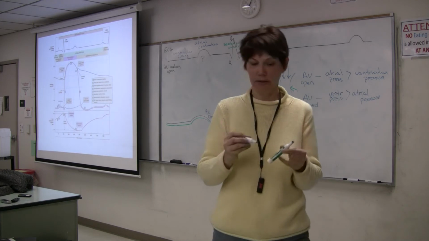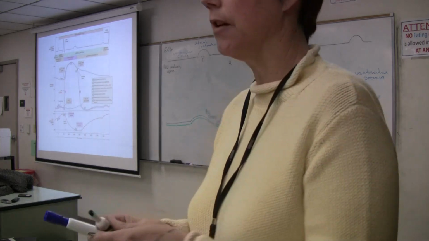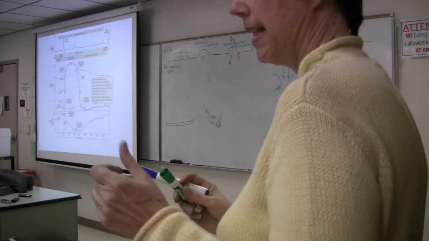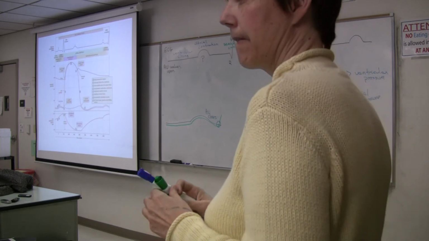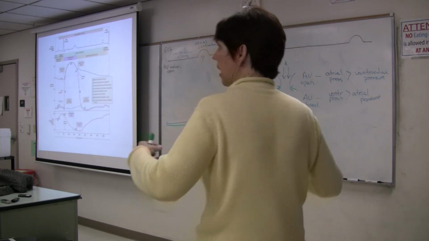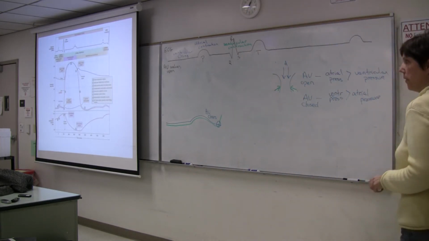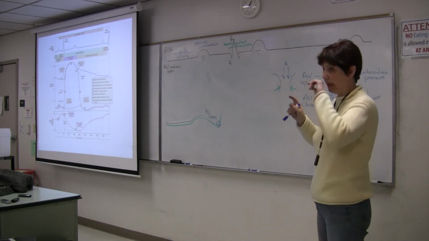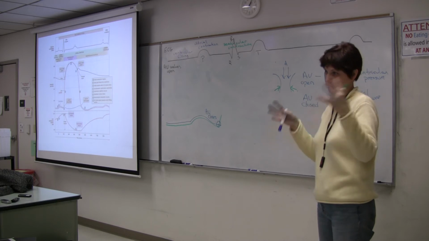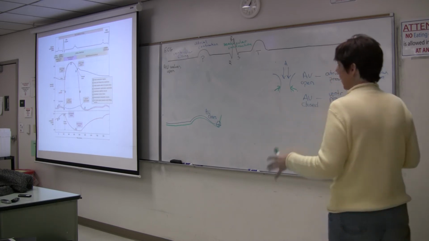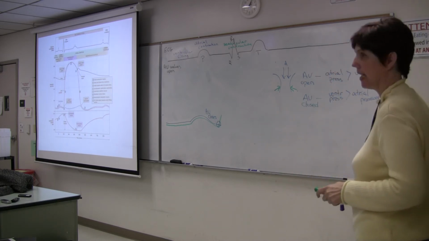And it's the ventricular pressure that closes it. Does that make sense? Just visualize that pressure pushing against the leaflets of the atrioventricular valve. This is happening on both the left side and the right side. We're diagramming the left side, but the same thing is happening at the same time on the right side.